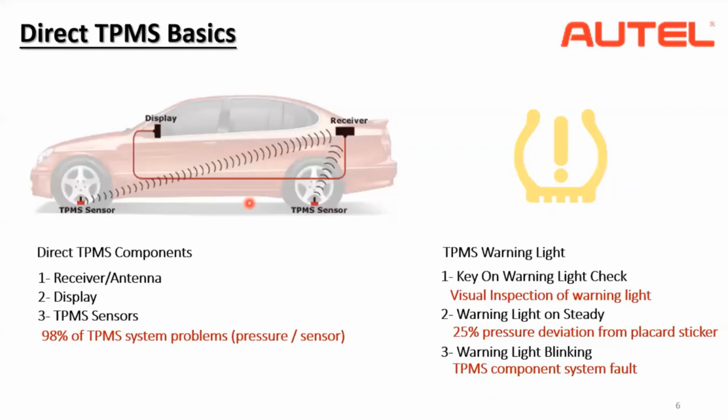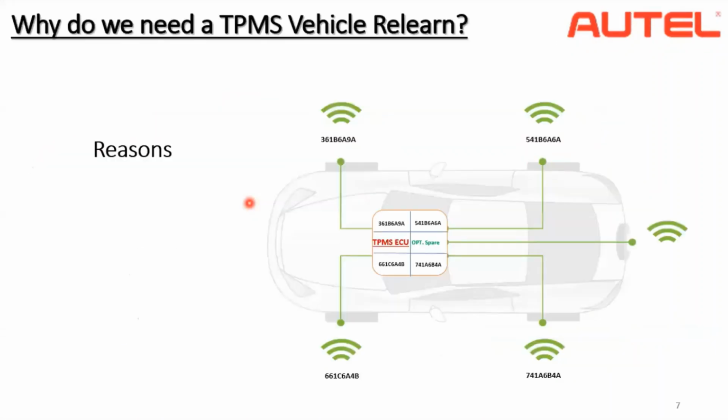So now moving on. Okay, so now this is the part where we have to really understand the core of TPMS. Let's take a look at this illustration of this vehicle.